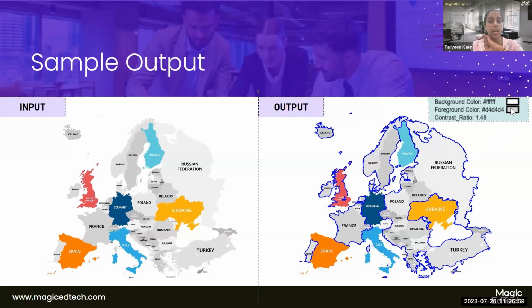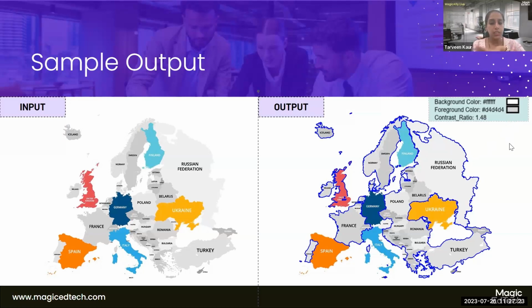So it has highlighted all the gray area, and at the top panel, it will give you information: what was the background color, what is the foreground color, and what is the contrast ratio. As we all know, non-textual content should have 3:1, whereas we ended up receiving 1.448, which is lower than the contrast ratio of 3:1.